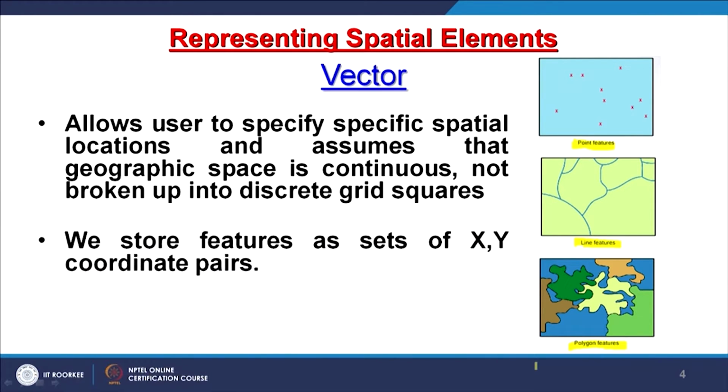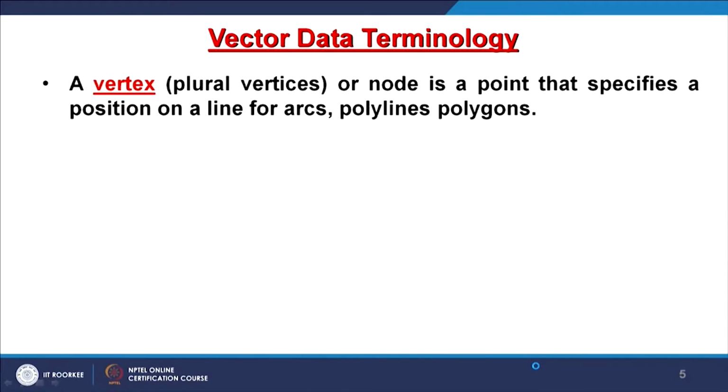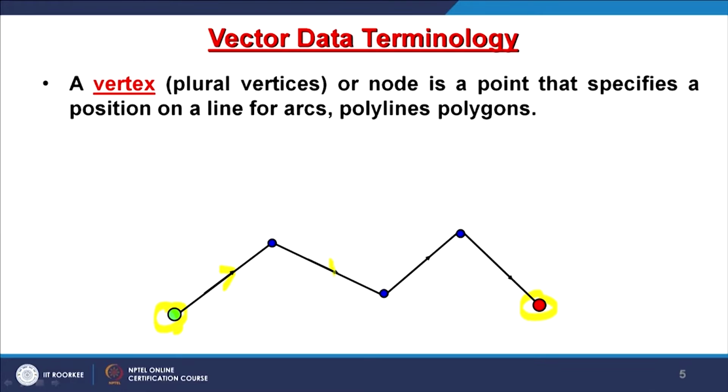So, in case of point data, the point features are stored as xy geographic coordinate pairs. These nodes we also call vertices, vertex, or in plural vertices. A node is a point that specifies a position on a line, arc, polyline or polygon. So, if I take this example of a line, this is my begin point, this is my end point, and that is why you are seeing the arrow directions like this.